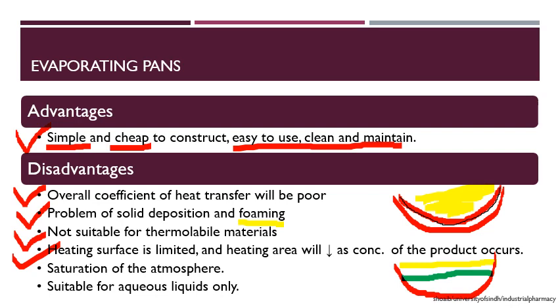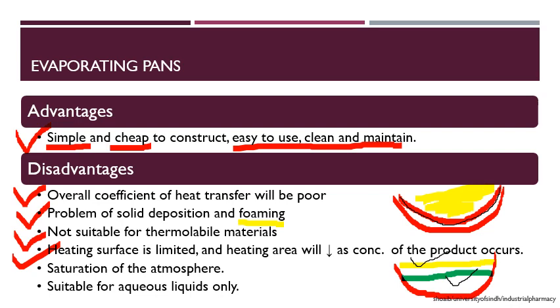This product was more exposed to the atmosphere and the surface of the pan, while at this level it is less exposed to the atmosphere and less to the pan. So the heating area decreases as the concentration decreases.